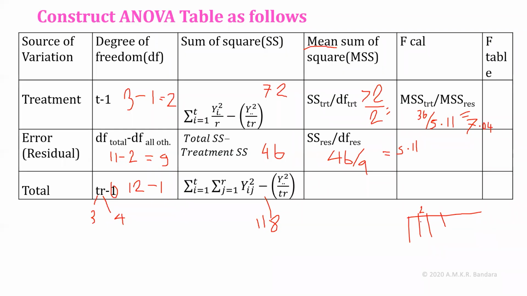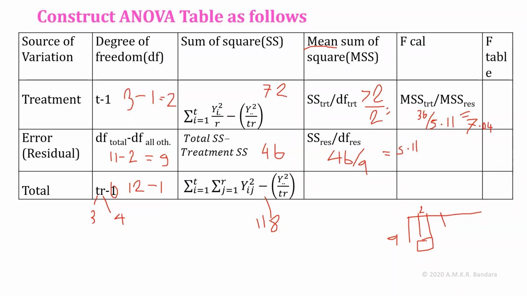And in the row you have to find the degree of freedom of the denominator. In the denominator, we have the mean sums of square residual, 5.11, whose residual degree of freedom is 9. So from the row, you find the 9. This value in the F table is the F table value.